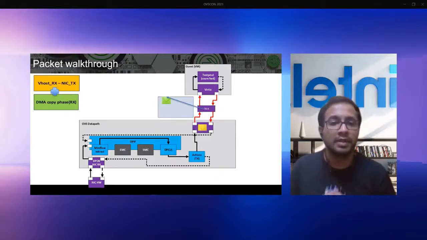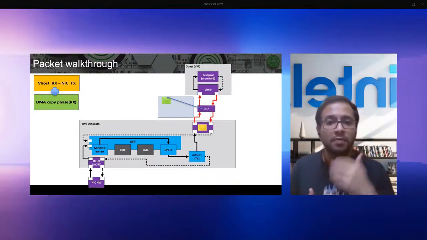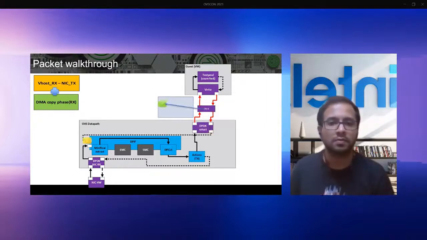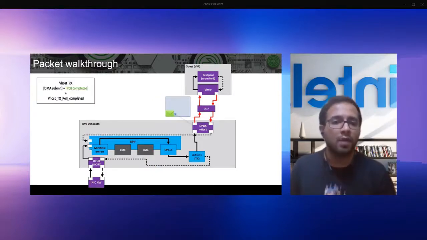Next, the received yellow packet is processed and then sent to its intended destination, the DPDK5 port. In the meantime, the second packet is copied in parallel from the VM to the host. After a while, the RX interface is polled again and the DMA is checked for any completions, and the green packet is reported done by now.